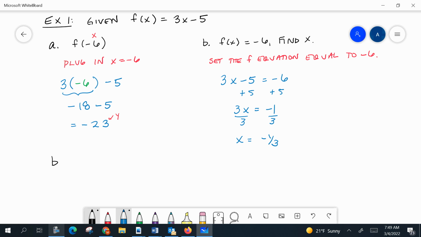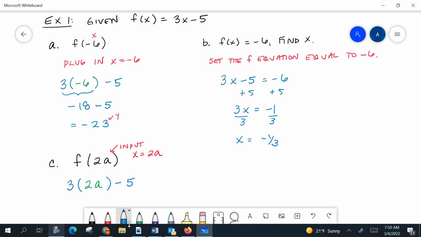So now, let's suppose that I'm asked to find, let's see, part C right here, find f of 2a. Okay, well, what we're going to do is input x equals 2a. So the function is going to be 3, and replacing the x, I'm going to input 2a, and then we're going to subtract 5.